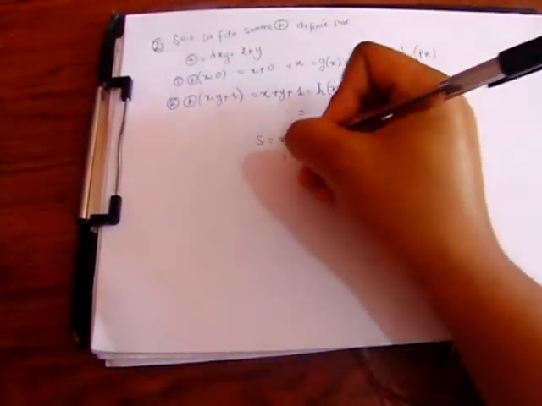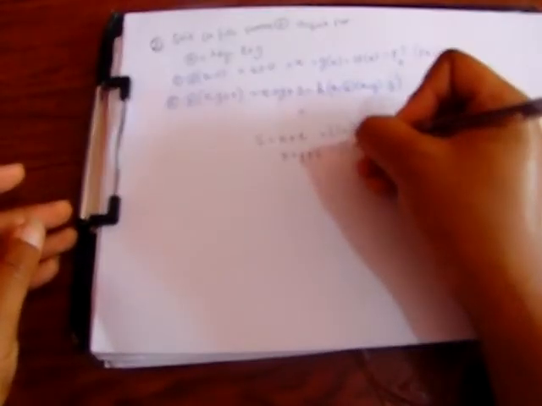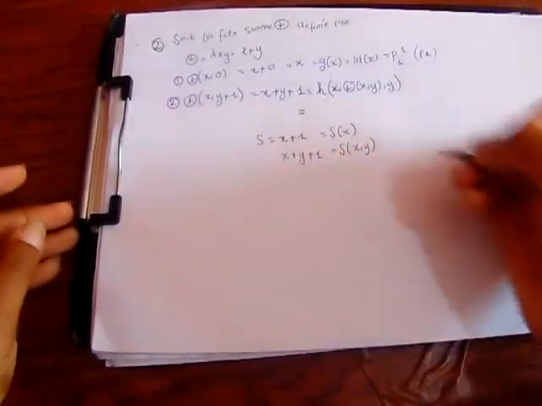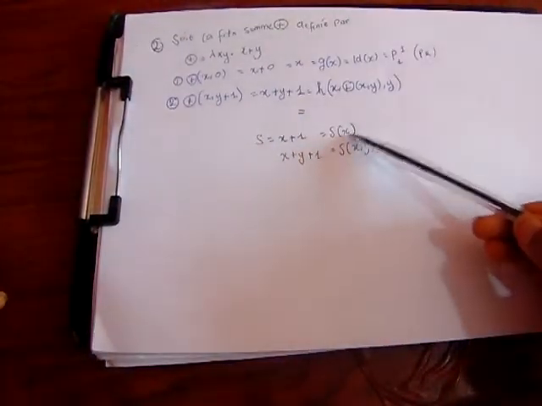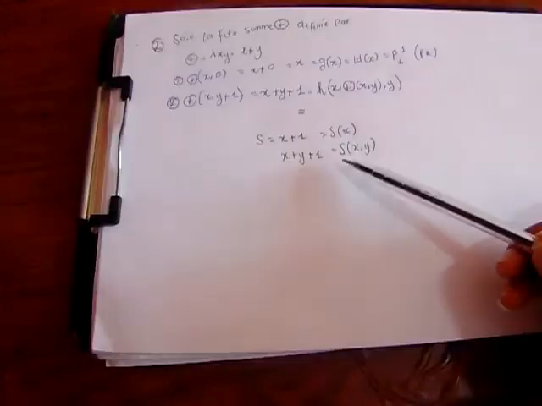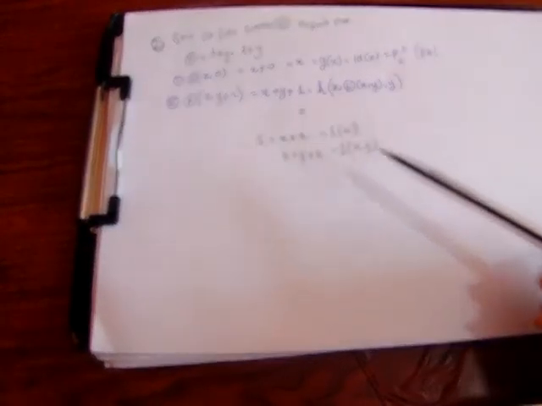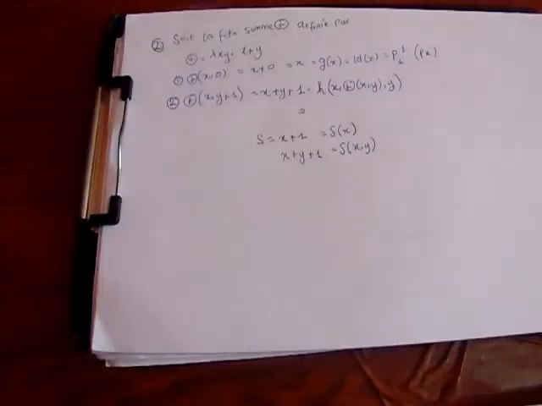Now if I have x plus y plus 1, its successor, it means s of x y. Because s of x is x plus 1, now if we have s of x y, it will mean x plus y plus 1. That's the successor function, which is a base function. It's in the first video, the first tutorial we did on this topic.